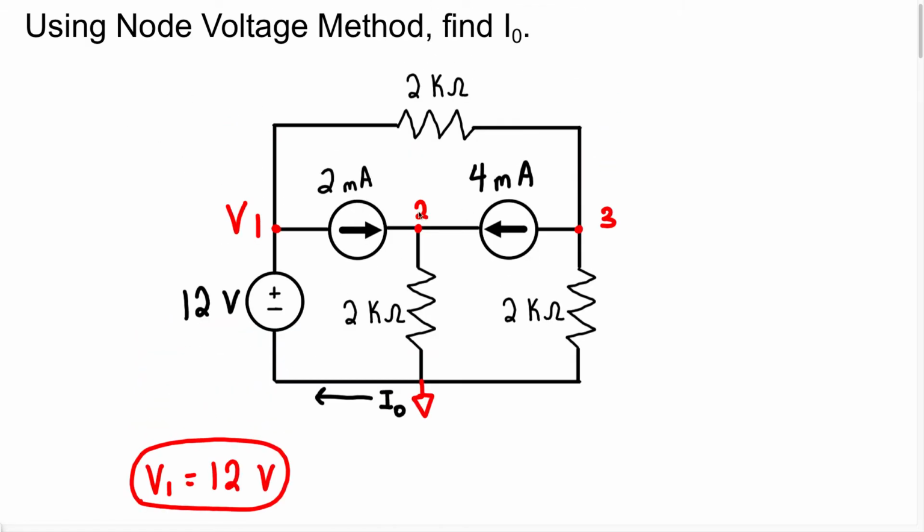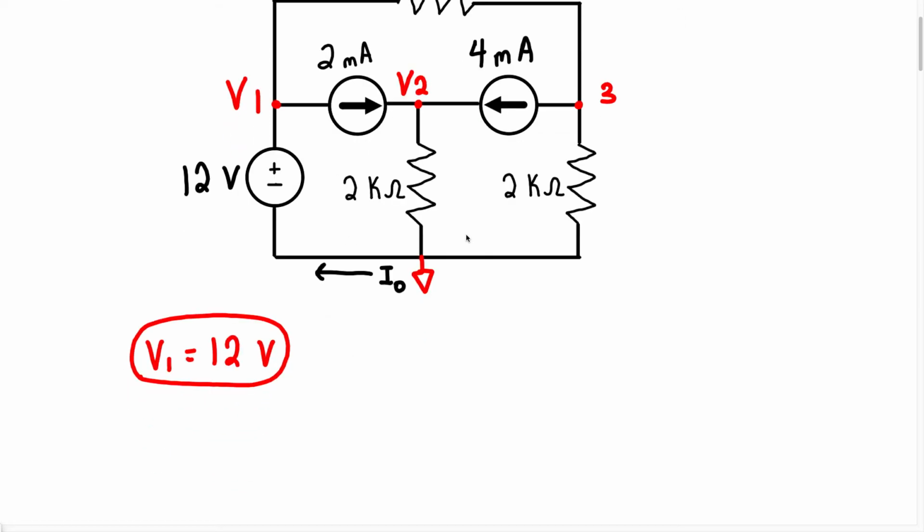Now let's move on to node 2. We want to use node voltage to find the voltage at node 2. Remember, we're always going to assume the current is leaving a node. So we're going to assume the current is going in these directions. Okay? So when we look at this, we actually have a current source that's going to be entering this node, which means instead of it being a positive current, we're just going to take it as a negative current.